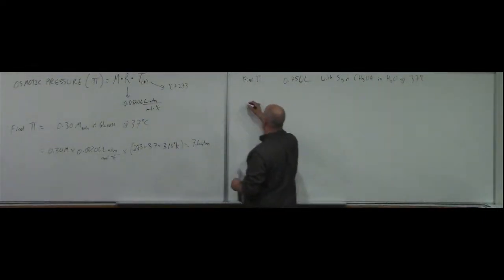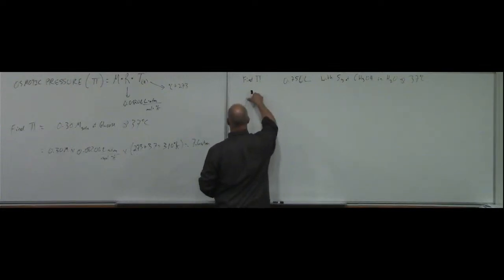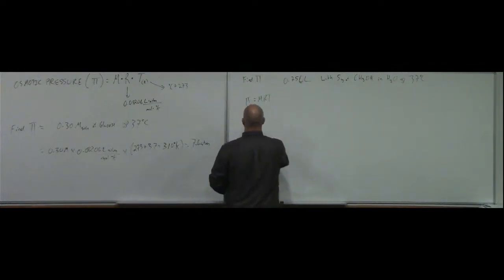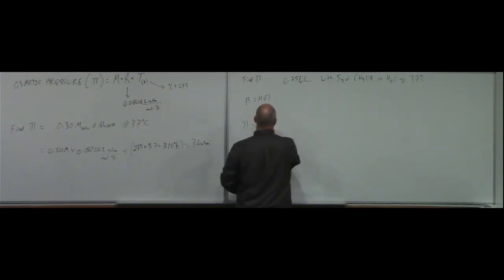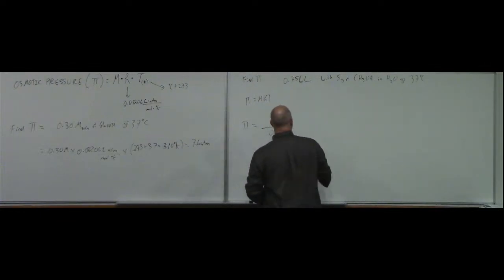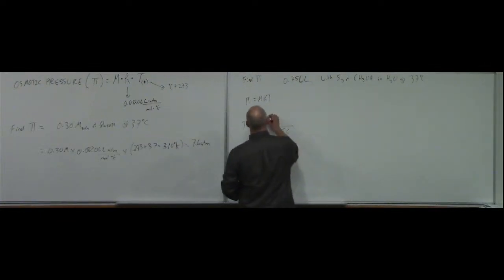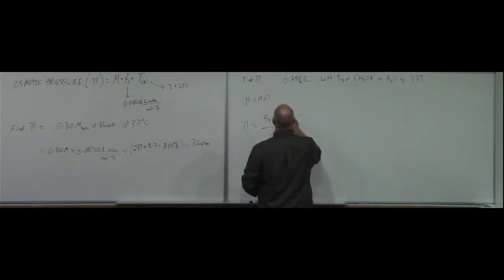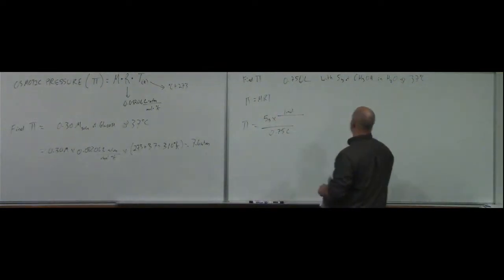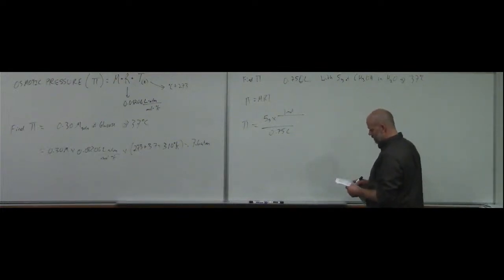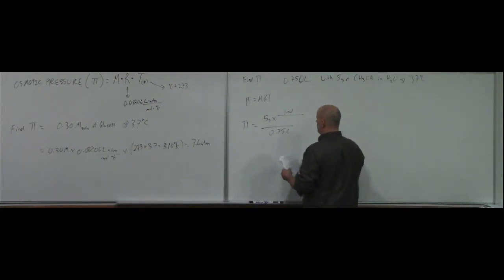Pi equals MRT. So first thing I need to do is find my molarity. I've got 0.75 liters. I have to find my moles. I have 5 grams times 1 mole of CH3OH, which is going to be 32 grams.